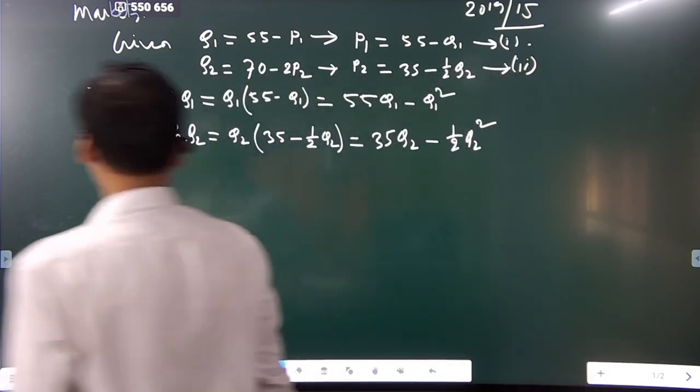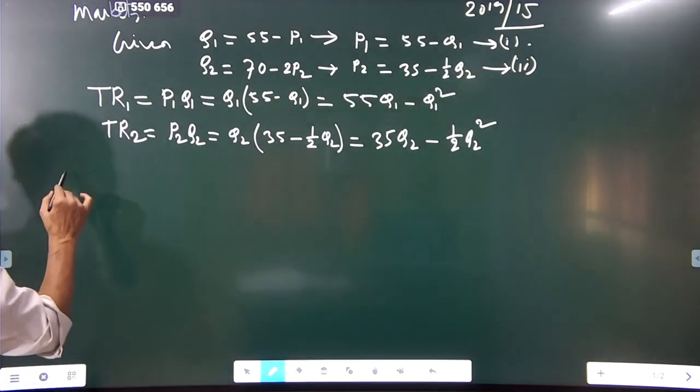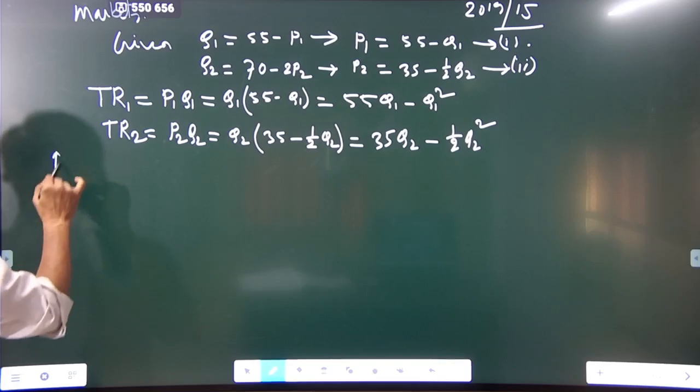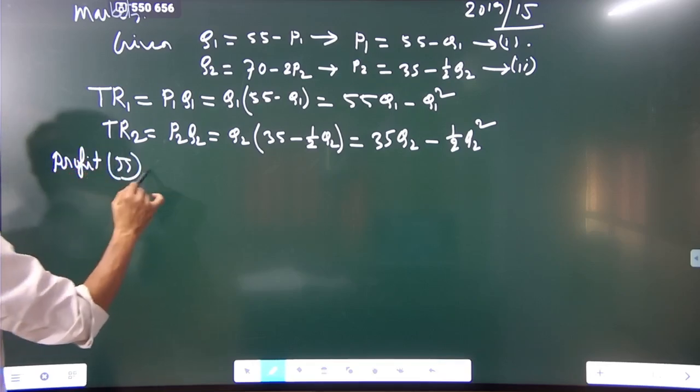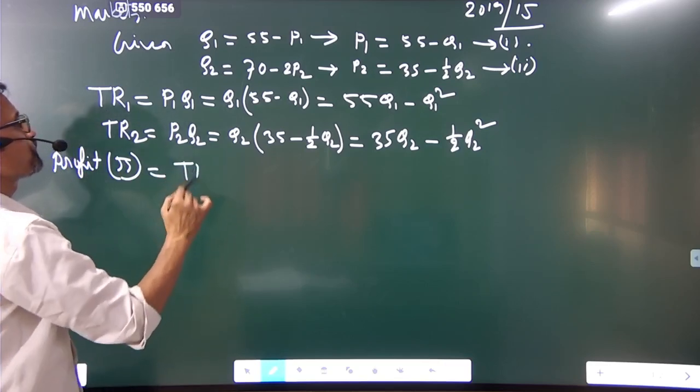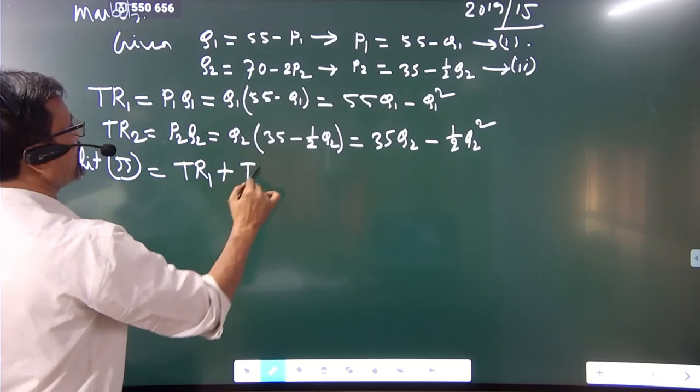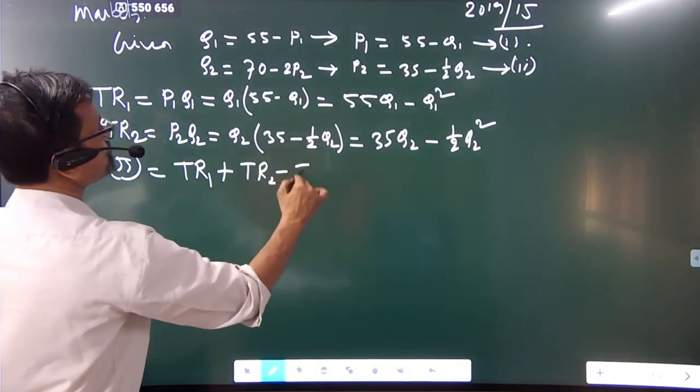Now we are in a position to find the profit, pi. What will be the profit? Total revenue in market 1 plus total revenue in market 2 minus total cost.